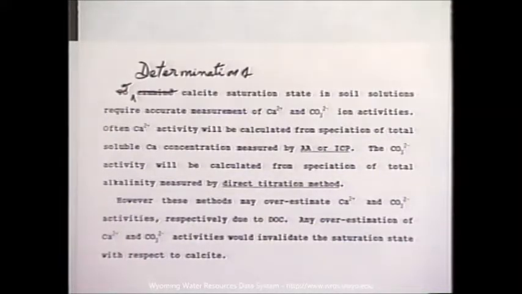The second method, direct titration: you take the soil solution and titrate to different pH endpoints and measure total alkalinity. There also, if you have some dissolved organic compounds, they absorb protons during the titration, so you end up with excess alkalinity. So what happens if you overestimate calcium and carbonate activities? Eventually you end up with supersaturated values for calcite.